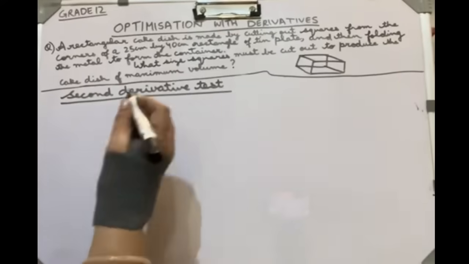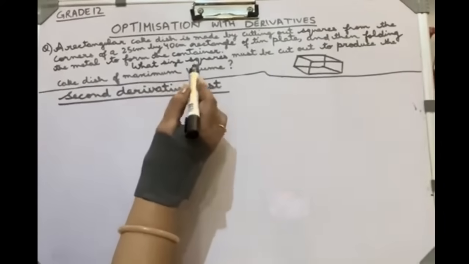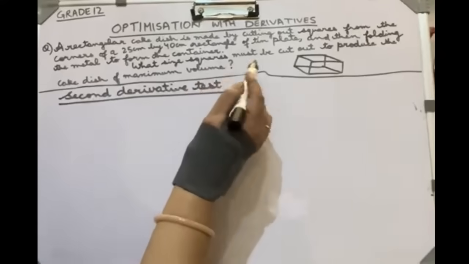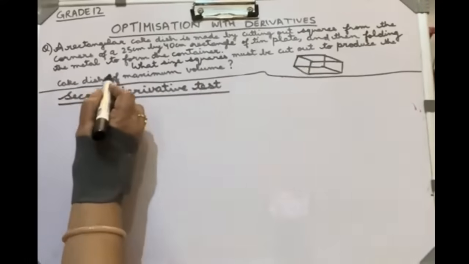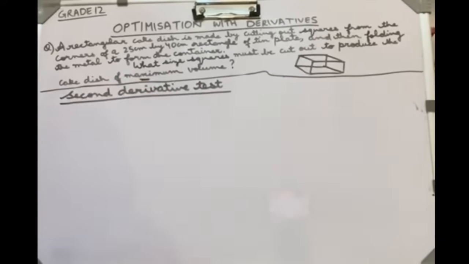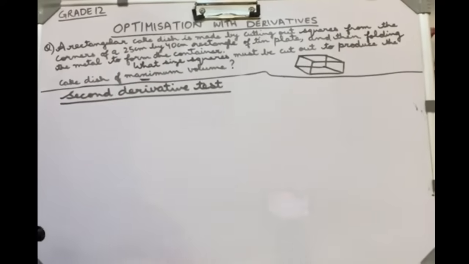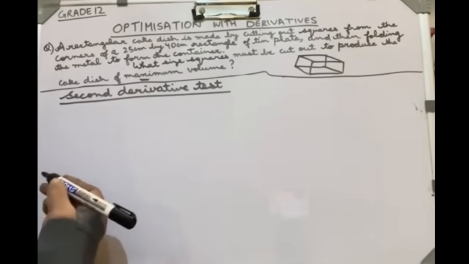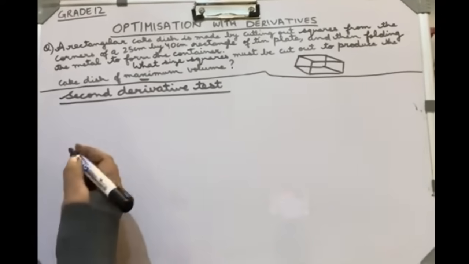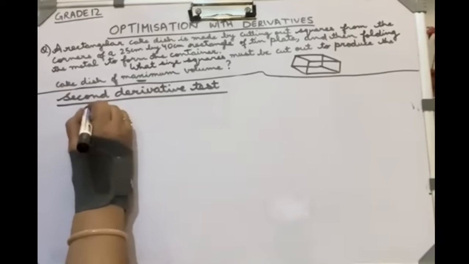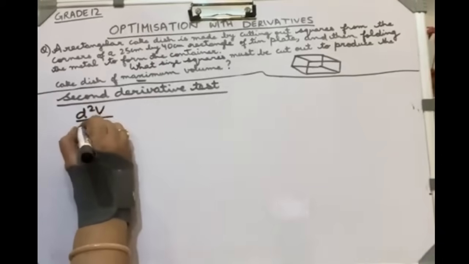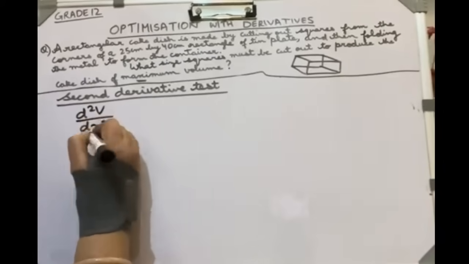But it is already mentioned that we have to find the size of squares which must be cut to produce the cake dish of maximum volume. So local maximum is occurring when f double dash V is less than 0. So let's find out d2V by dx square.